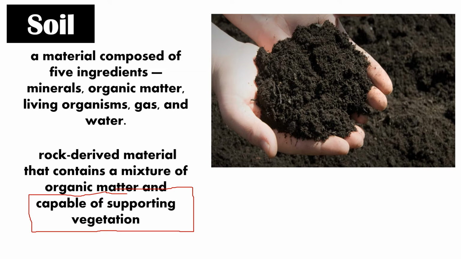And I want you to take note na itong 5 ingredients na to, minerals, organic matter, living organisms, gas, and water, are the things that identify the property of a soil. Kung ano ang magiging physical or chemical property ng soil na meron tayo.